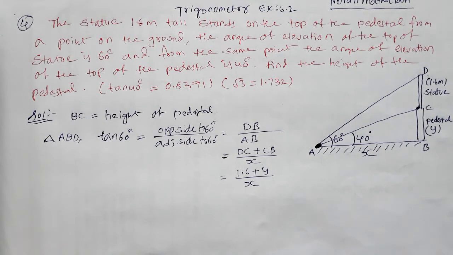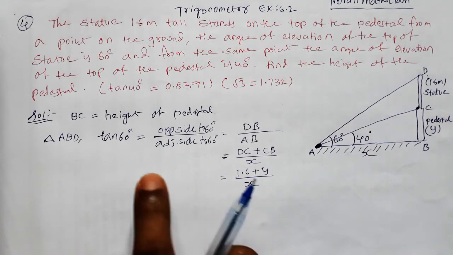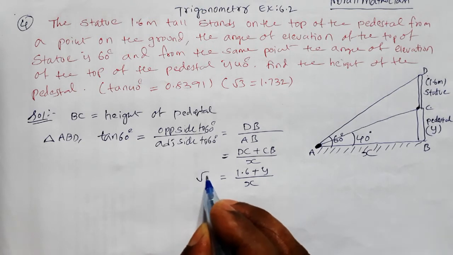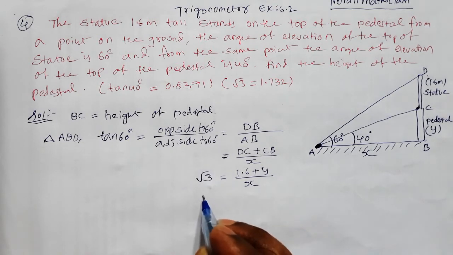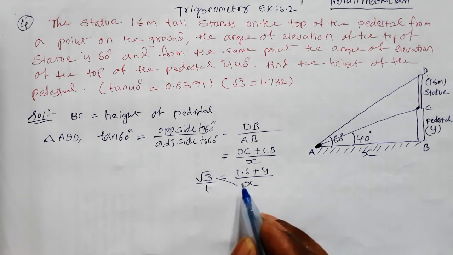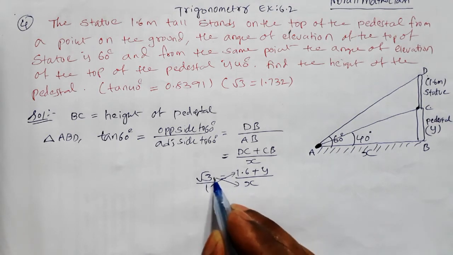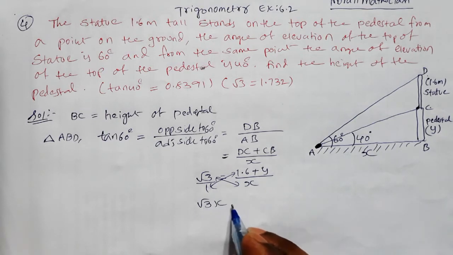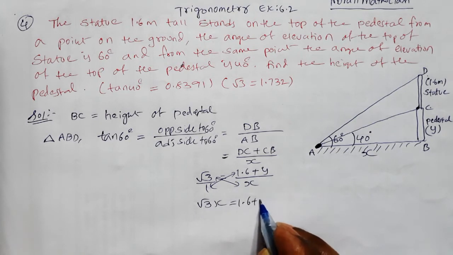Then tan 60 is root 3. Do cross multiplication. You will get root 3x equals 1.6 plus y.